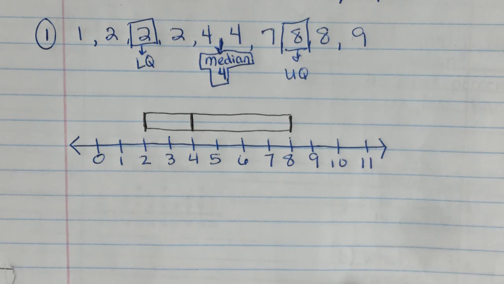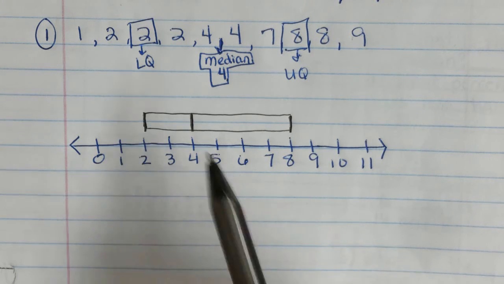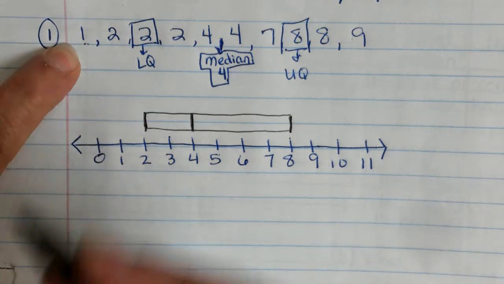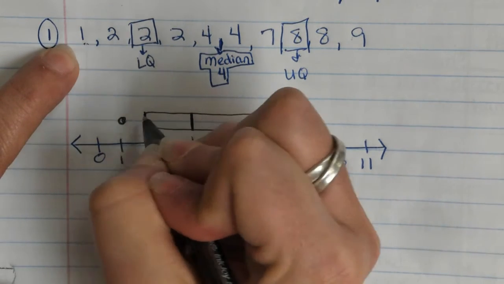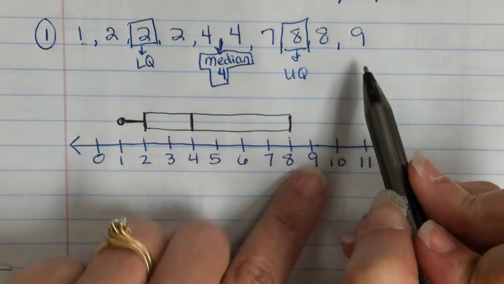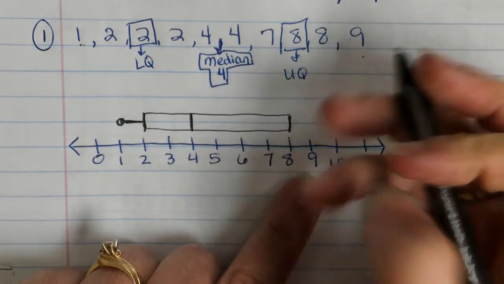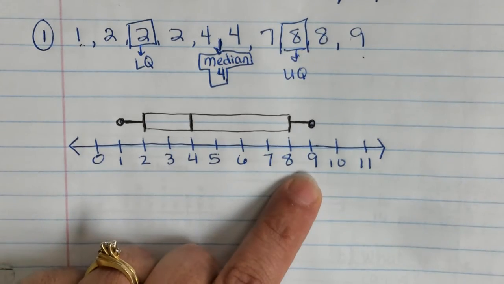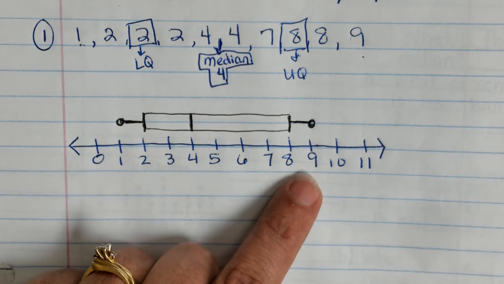Okay. Now, I need whiskers. Now, listen. It only goes down to 1 because you've got to look at your data. It goes up to 9. Okay, so you've just made the box and whisker.